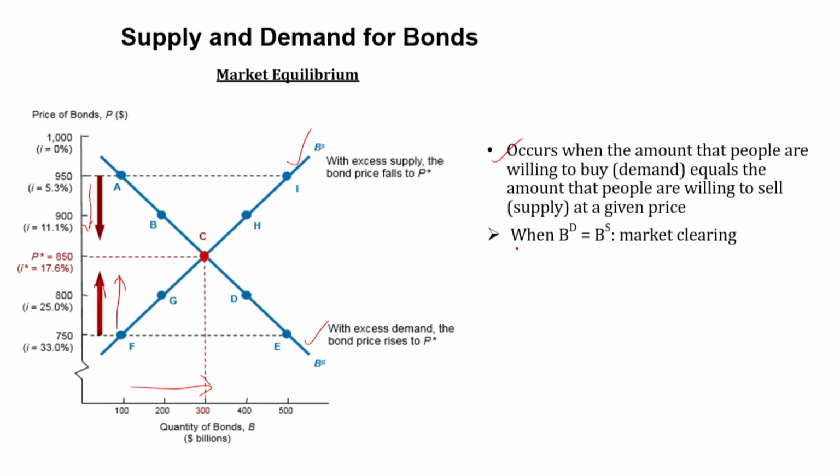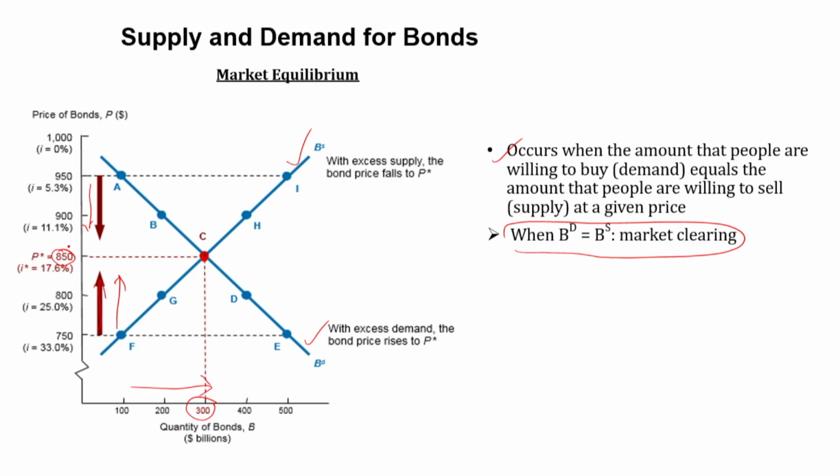So the bond demand is equal to bond supply, that is the market equilibrium. At the given bond price of 850, the quantity demanded and supplied in this market is 300, $300 billion.